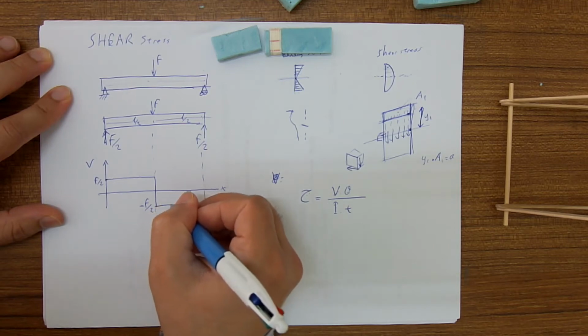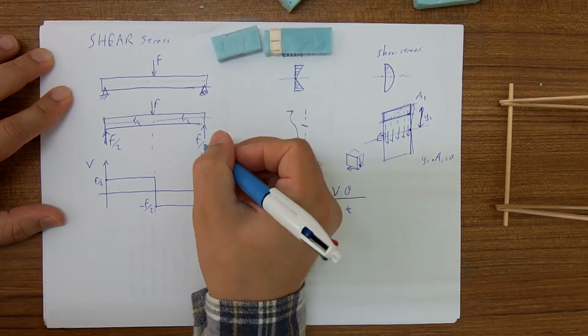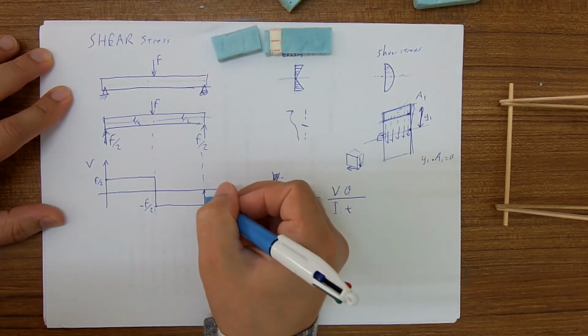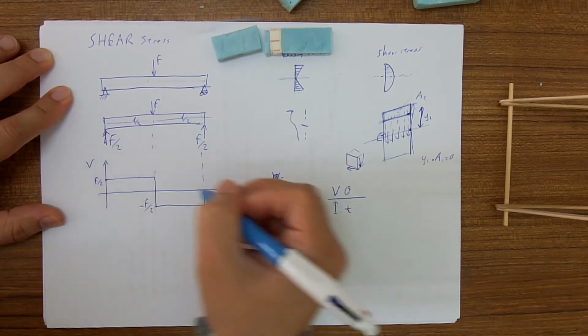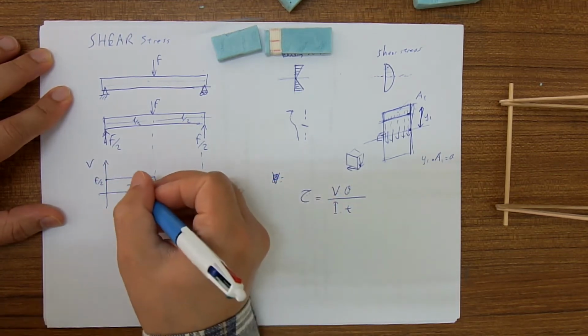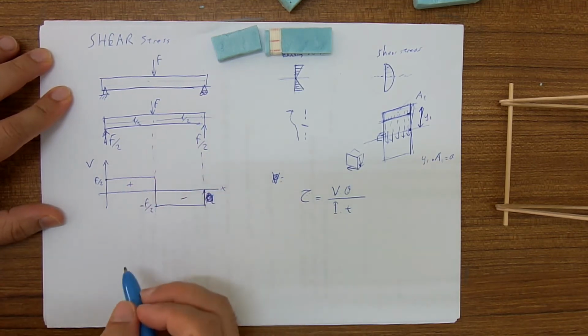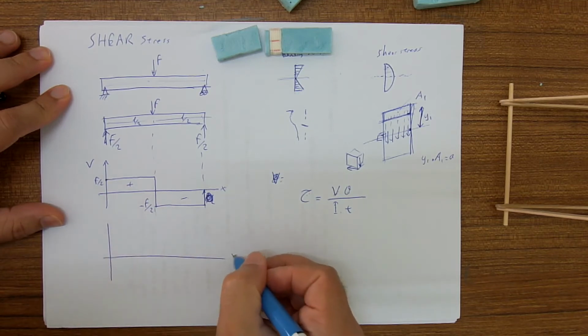To the next discontinuity, it doesn't change, and at the third discontinuity here, it goes up by F over 2. Okay, it is positive. This one is negative shear. So just below that, we plot the moment diagram.